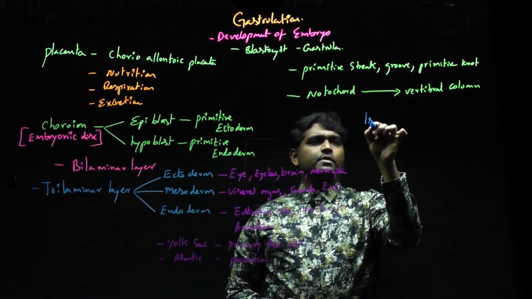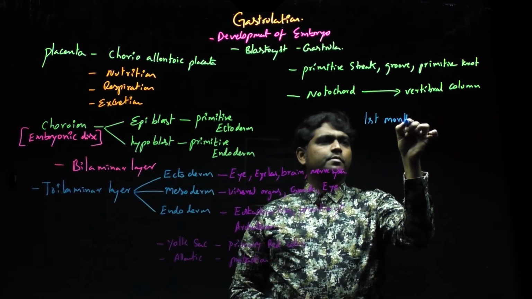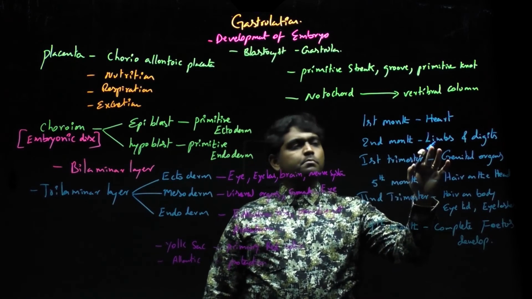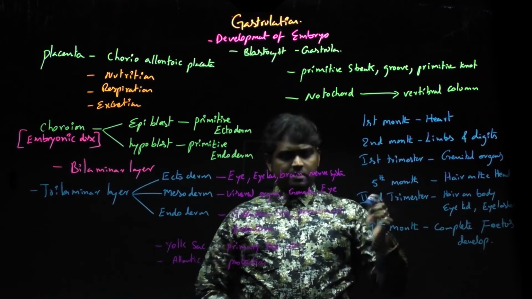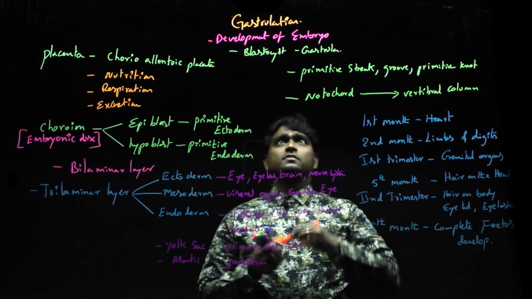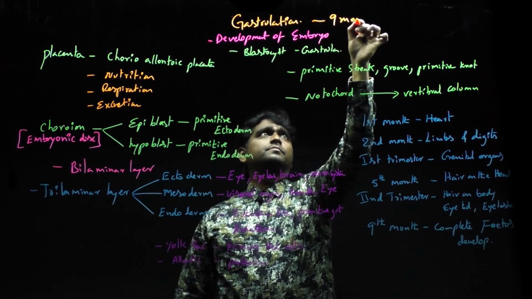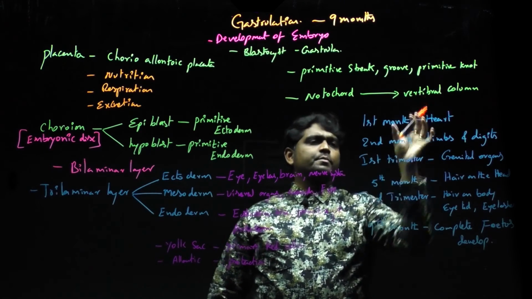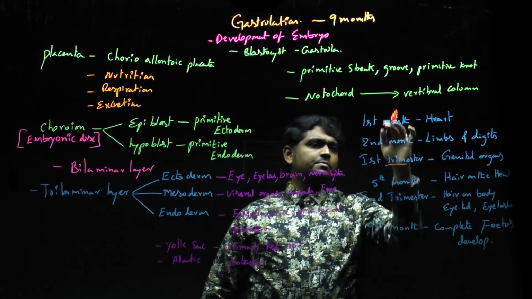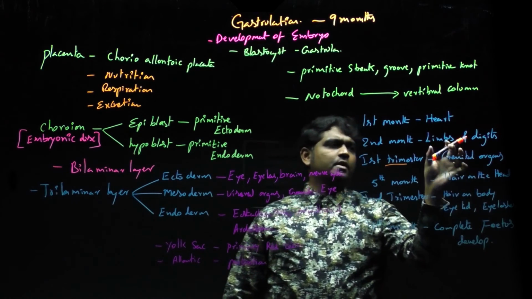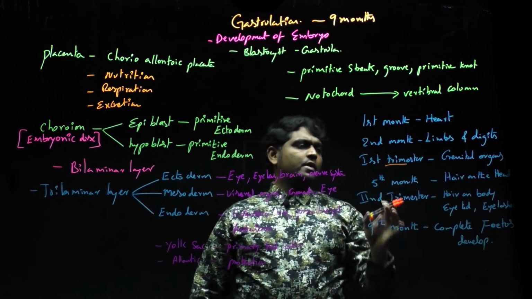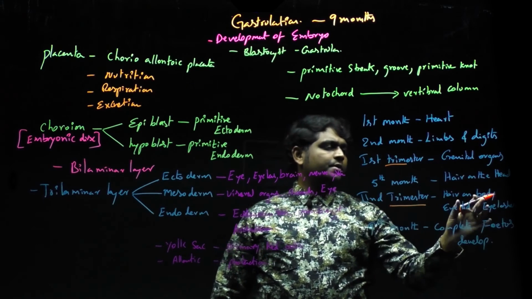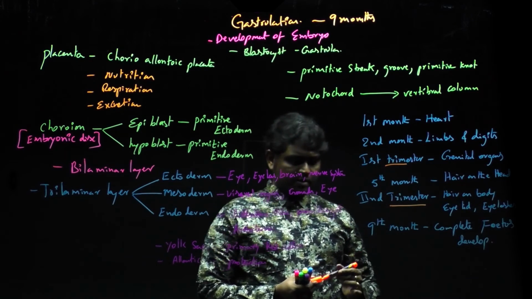In the first month the heart is developed. In the second month limbs and digits are developed. We know the gestation will be 9 months, divided into trimesters of 3 months each. In the first trimester, the genital organs, limbs, digits and heart are developed. In the 5th month hair on the head develops, and by the end of the second trimester hair on the body, eyelids and eyelashes are developed.